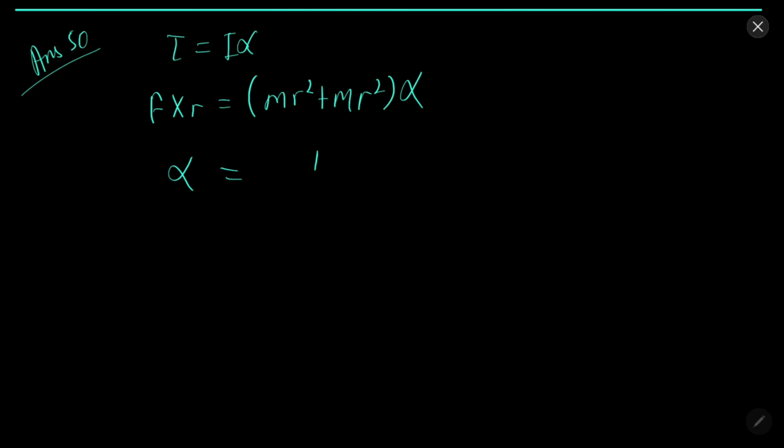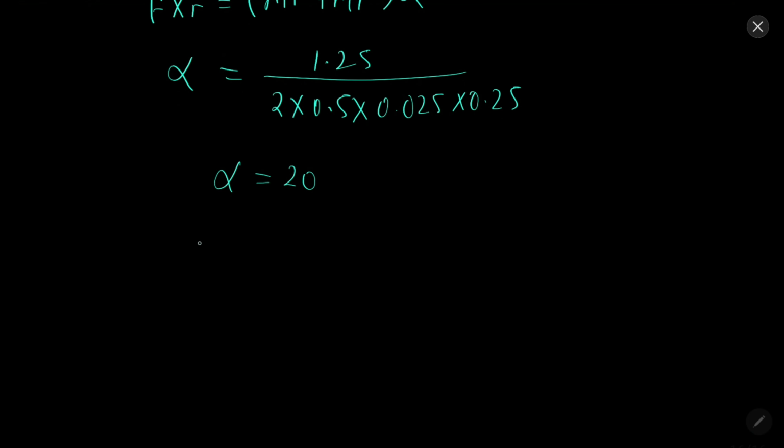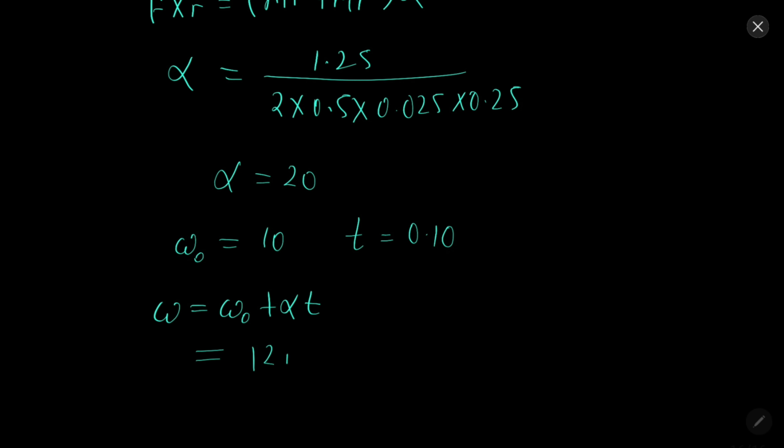So alpha will come out to be 1.25 over 2 into 0.5 into 0.025 into 0.25. So alpha will be 20. Omega naught is 10. Time is 0.10 second. So omega will be omega naught plus alpha t, which will give us 12 radians per second.